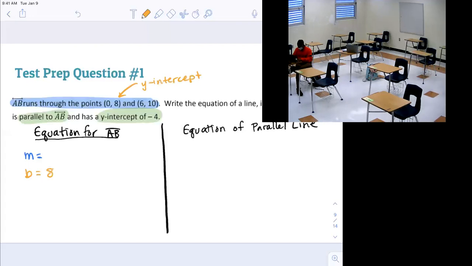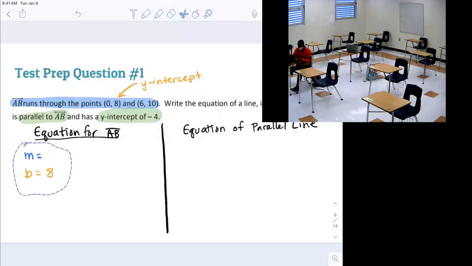And then what could I do to figure out the slope? What can I do to figure out the slope of AB? Did we figure out what X was yet? Because we have to do that first.